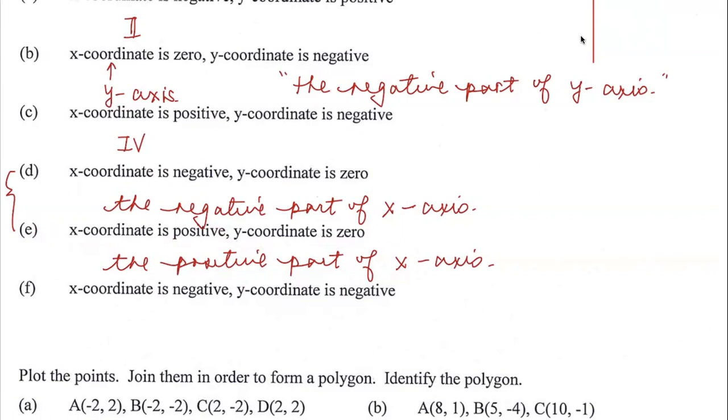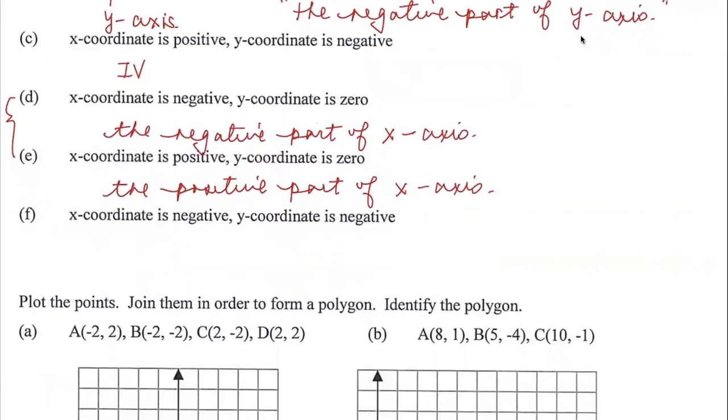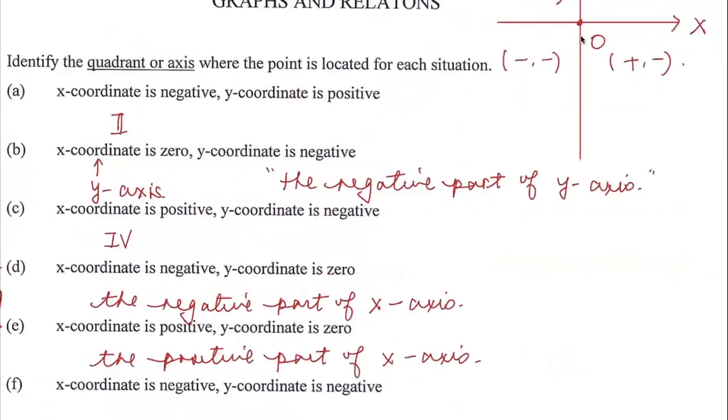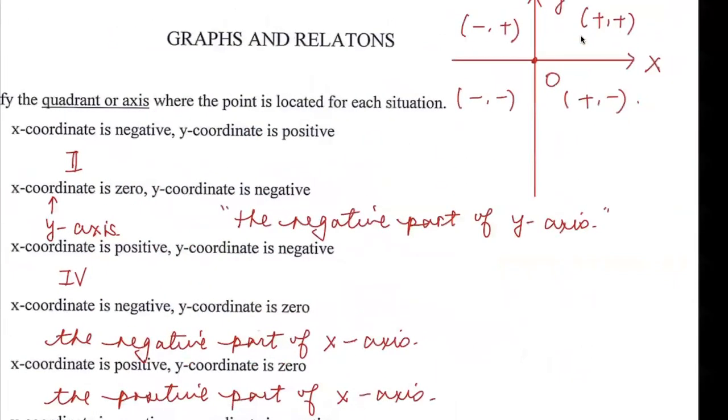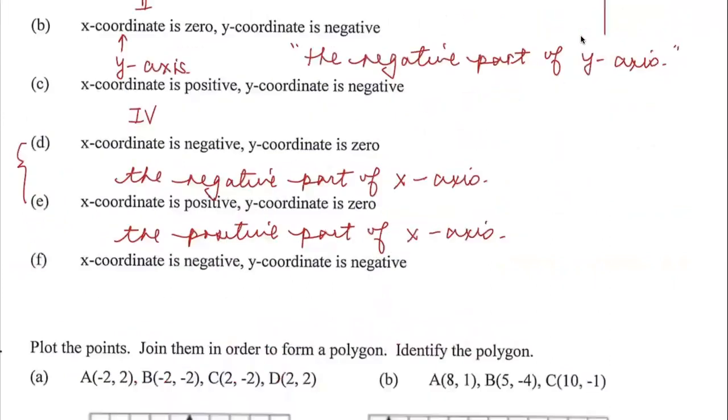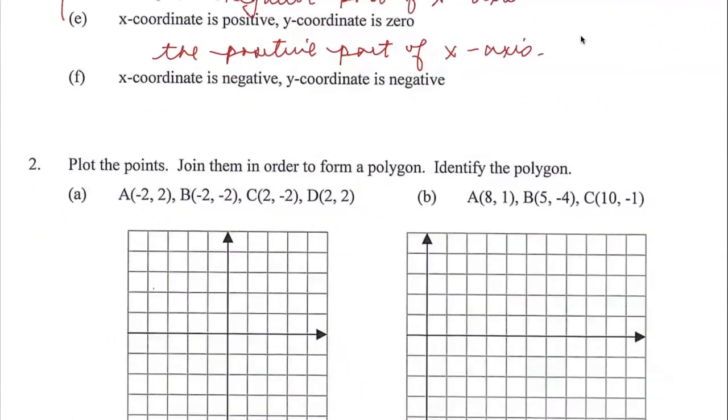Okay, last question. X coordinate is negative, y coordinate is negative. So we're looking at x coordinate negative, y coordinate negative, third quadrant. Okay, so the answer to F is quadrant number 3.